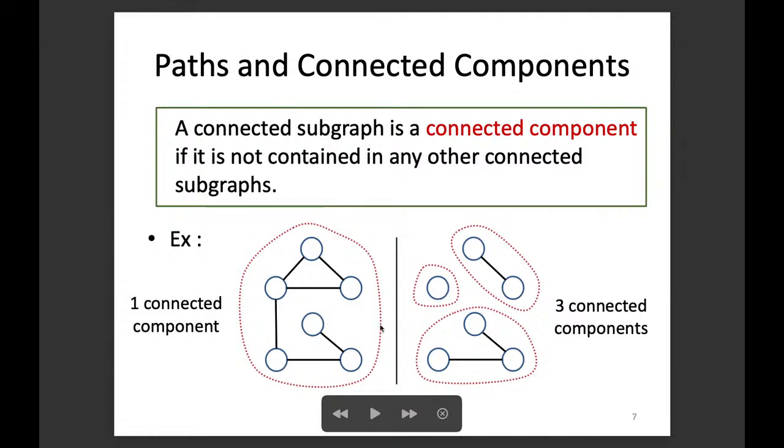We will pick all the possible ones that can join to each other, and include them together as one connected component. So in this graph, there is one connected component. This graph is disconnected, but it is formed by this connected component together with this connected component together with this connected component.